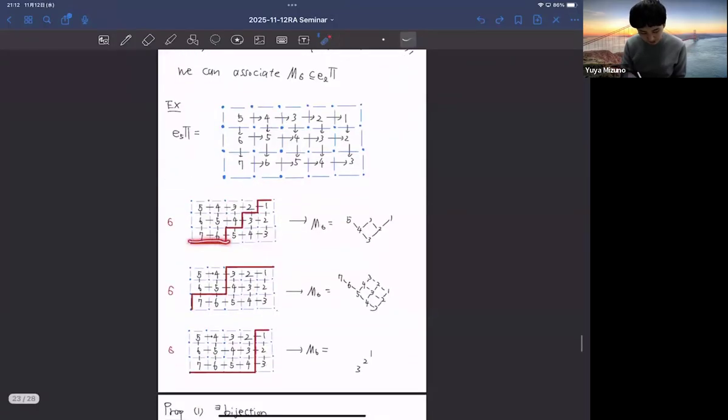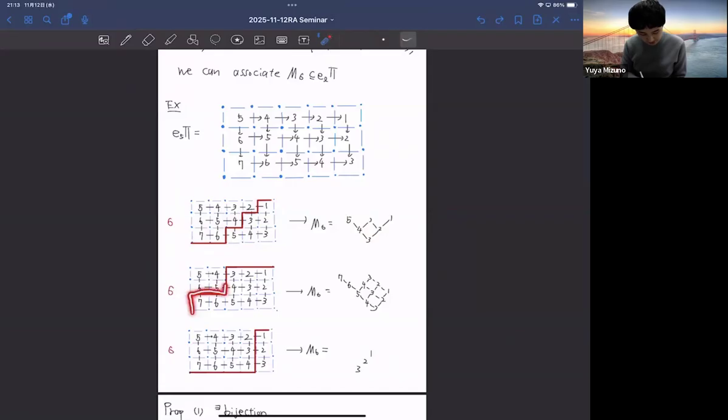For example, consider this lattice path. Then let's focus on this bottom part. Then we can get this part, and this naturally can be regarded as an indecomposable module. Namely, we just put a one-dimensional vector space, and this is a quiver representation. So this lattice path provides this indecomposable module, which is tau rigid.